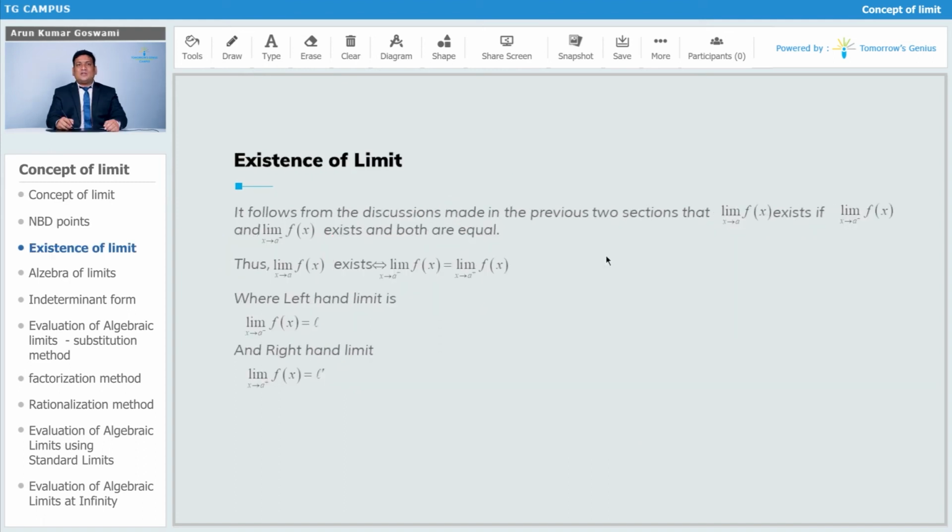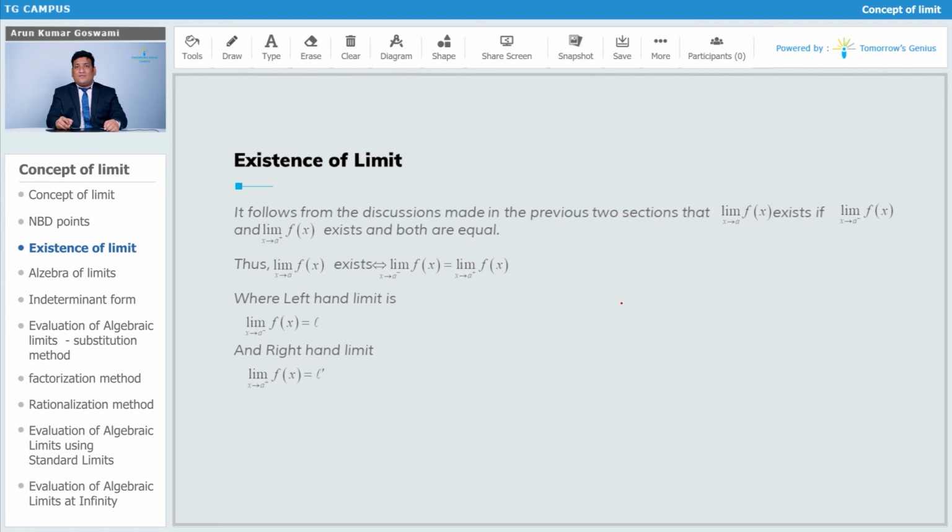So let's talk about the existence of limit. Since we already know about the concept of neighborhood points, again I'm going to tell you, it is a very small positive value near to a. So what is the meaning of existence of a limit for a function?